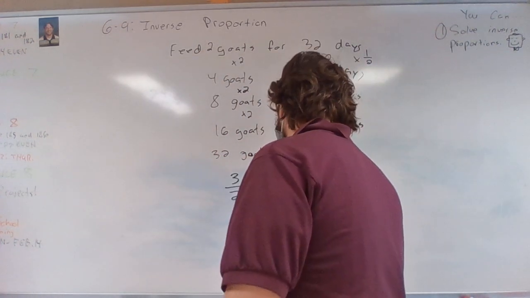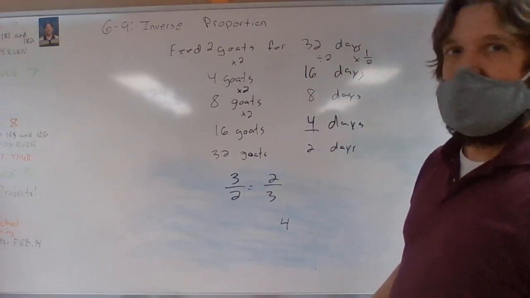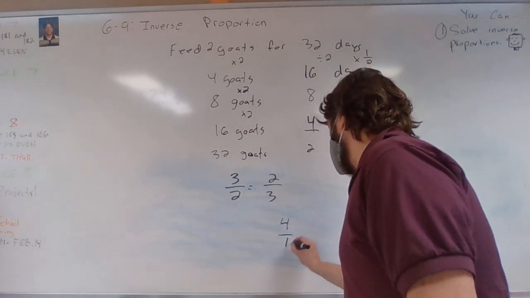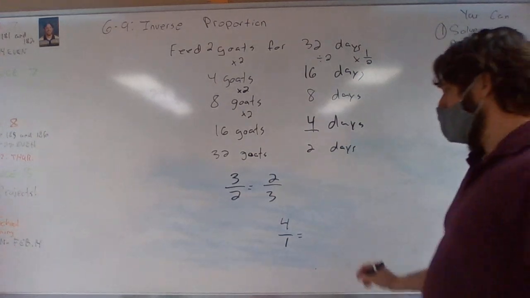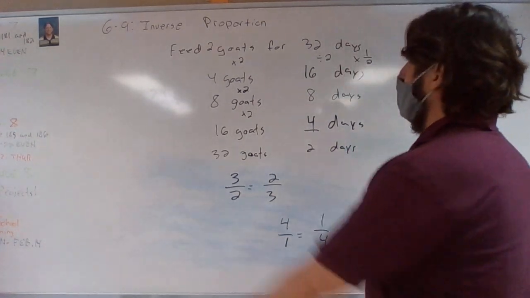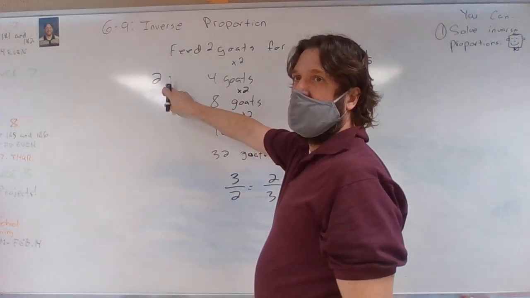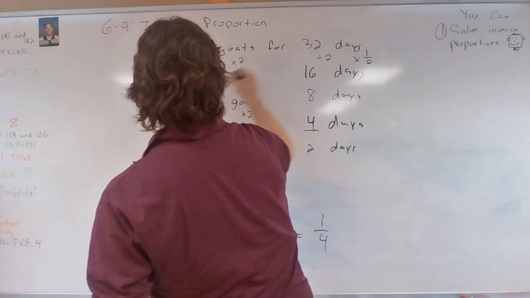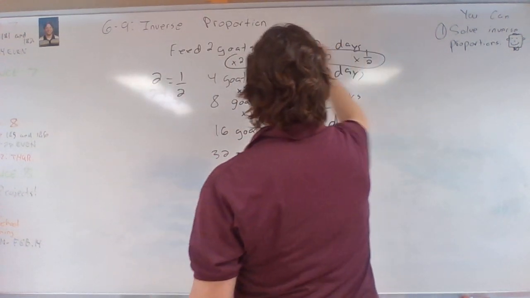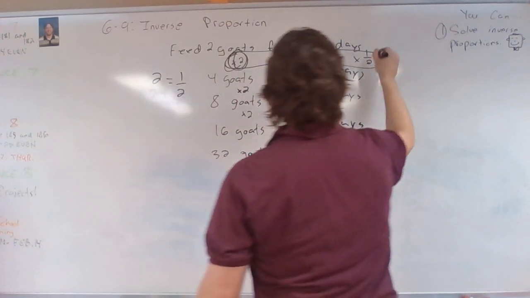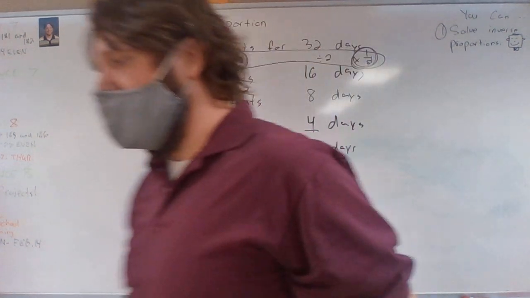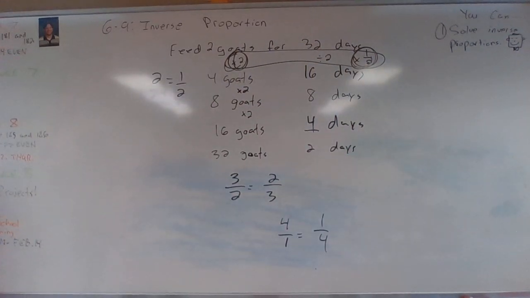What's the reciprocal of 4? And again, you can think about it as 4 over 1. 1 over 4. So here we go. What's the reciprocal of 2? 1 over 2. See? Here's my reciprocals. There's 2. There's 1 over 2. So when we're dealing with inverse proportions, the key is to remember we will be multiplying by reciprocals.